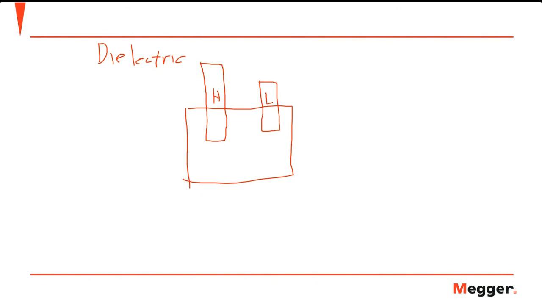Looking at this diagram, it is very clear that I have 3 insulations to test. This is the insulation between high to low, high to ground, and low to ground. So if I inject voltage from high to ground, or to tank, I'll put the negative here and the positive here.